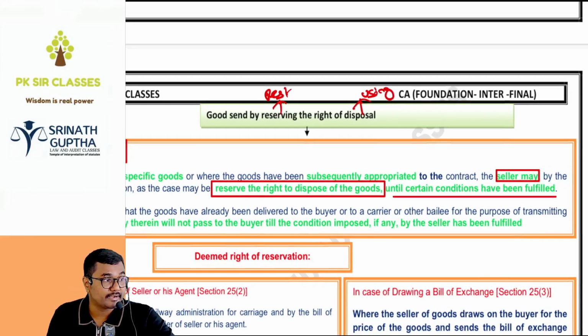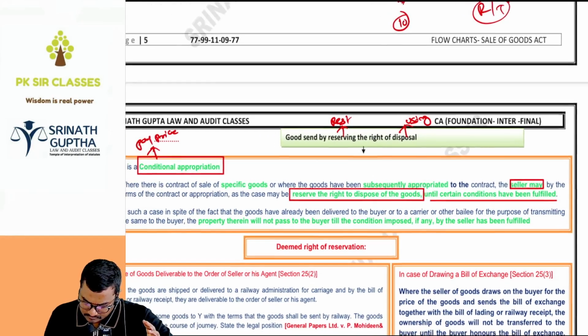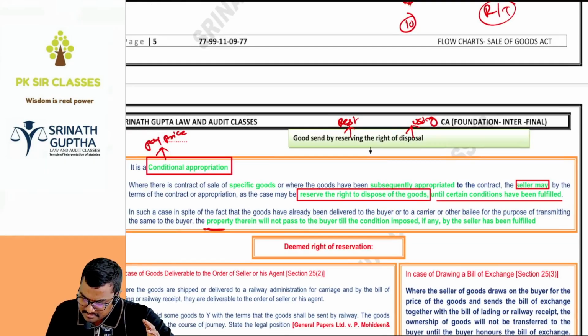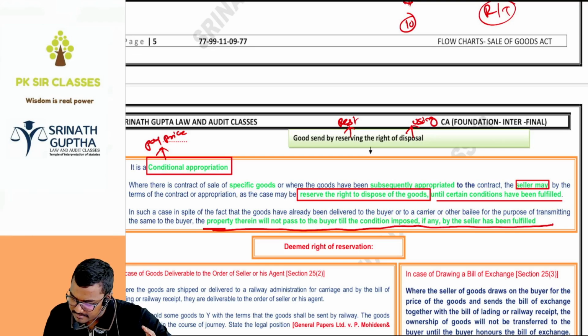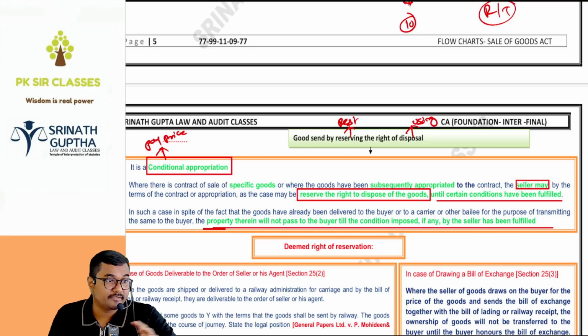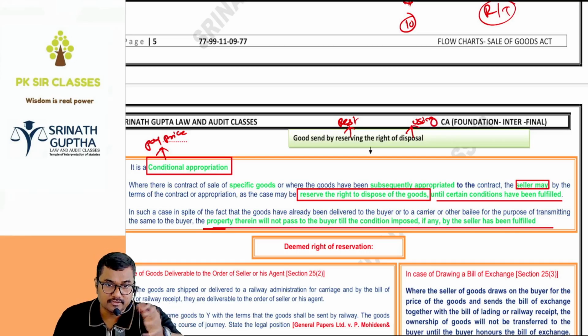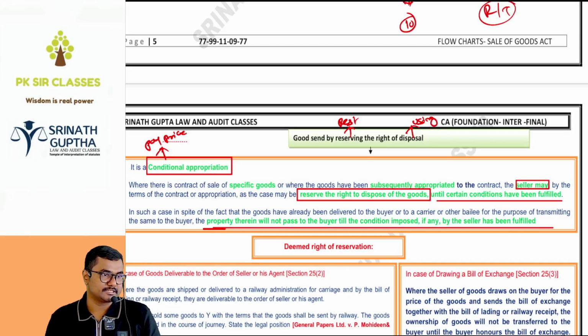So you should not use the goods until some condition is satisfied. That means property, property means ownership, therein will not pass to the buyer till the condition imposed by the seller is fulfilled. So ownership will not be transferred until you fulfill the conditions. You can't use the goods until you fulfill the conditions.